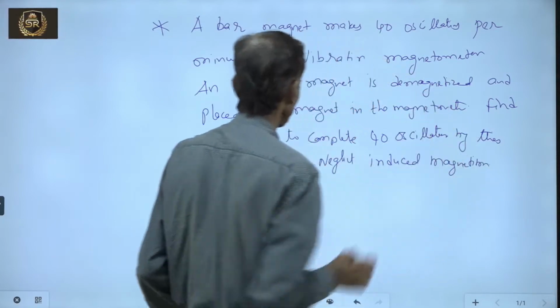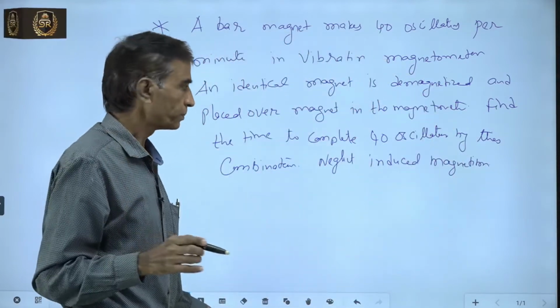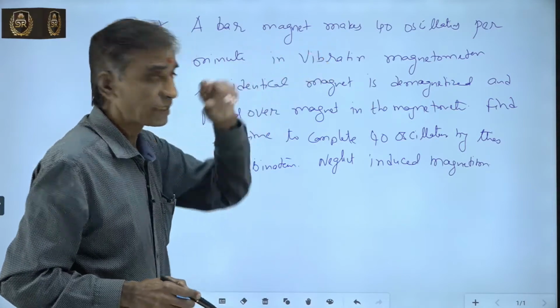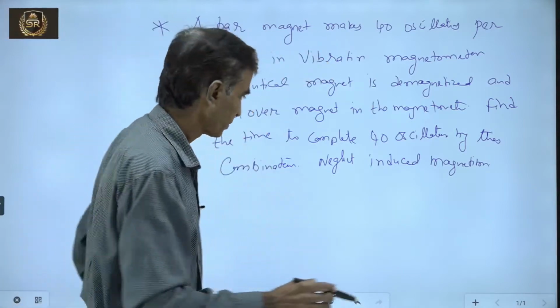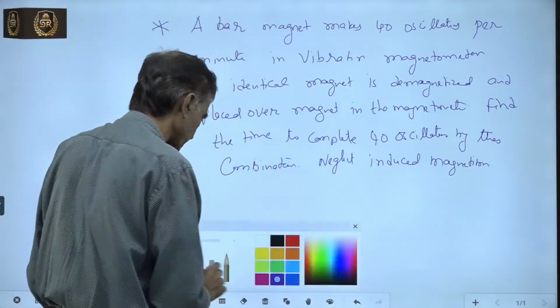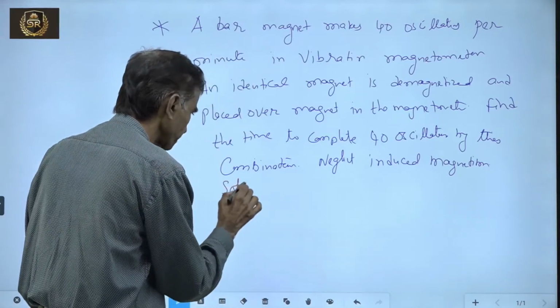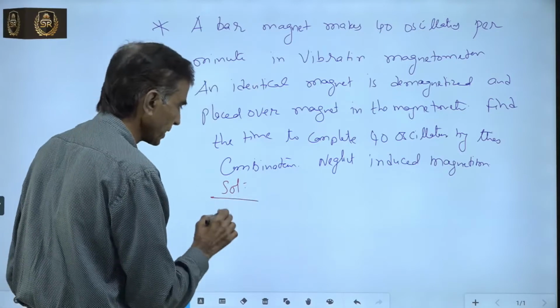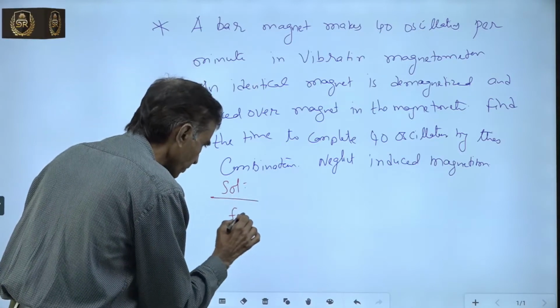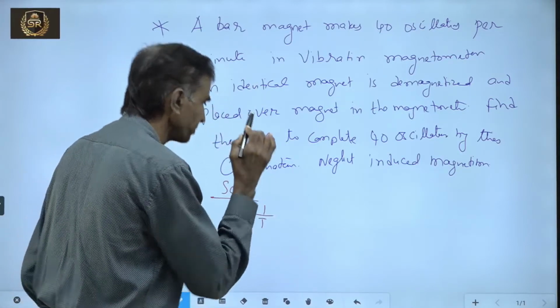Here, as I told you, oscillations are given, not time period, so we want frequency. We know frequency equals 1 by time period.